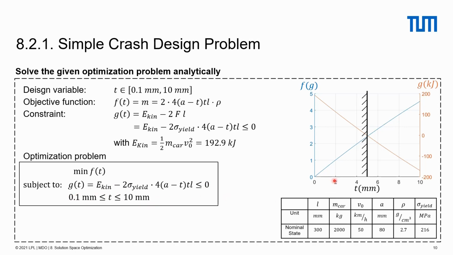And here is a plot of our objective function and the constraint. We can see as the thickness of the wall grows, the weight or the mass of the side bins will grow, and the value of the constraint will decrease.